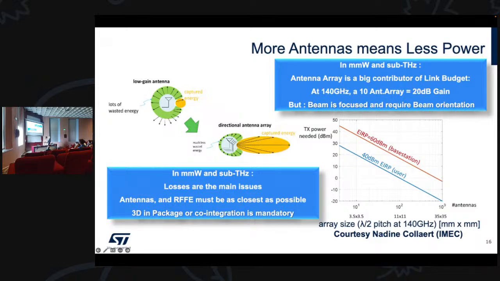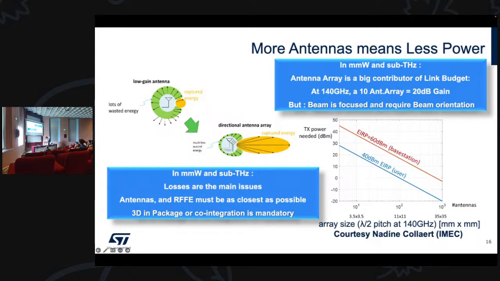You can see here the level of the power we need for the user and for the base station. So 40 dBm radiated power for users and 60 dBm radiated power for the base station. You have on the x-axis the number of antenna arrays, so 3.5 by 3.5, 11 by 11 and 35 by 35.